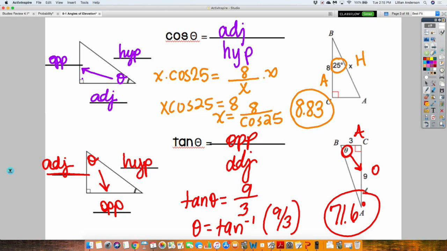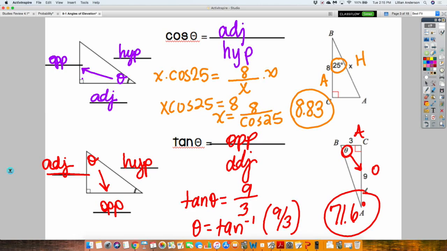Later on, you're going to learn about the placement along the graph that these different angle measurements represent. But that's for the future. We won't go too deep because it's algebra 2.